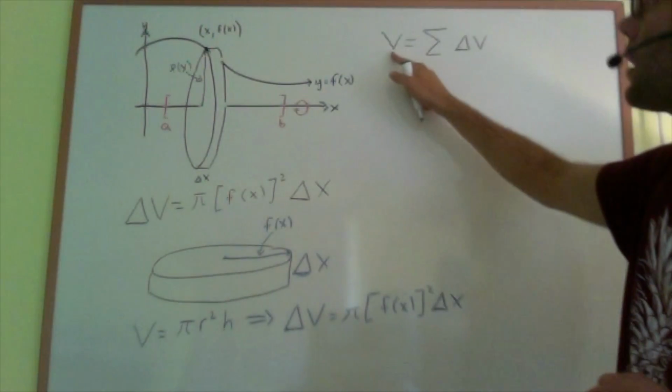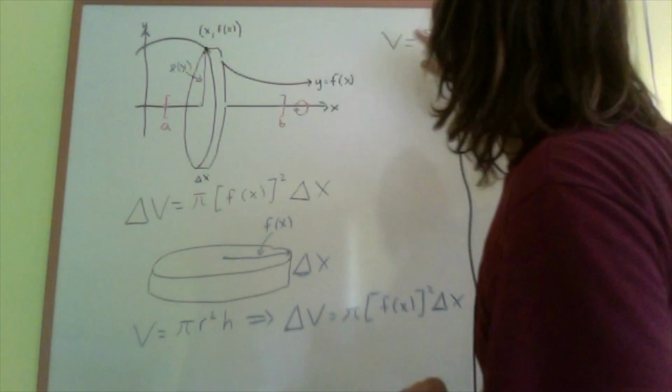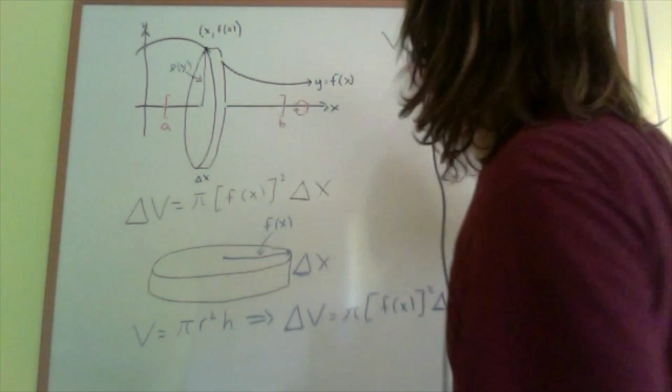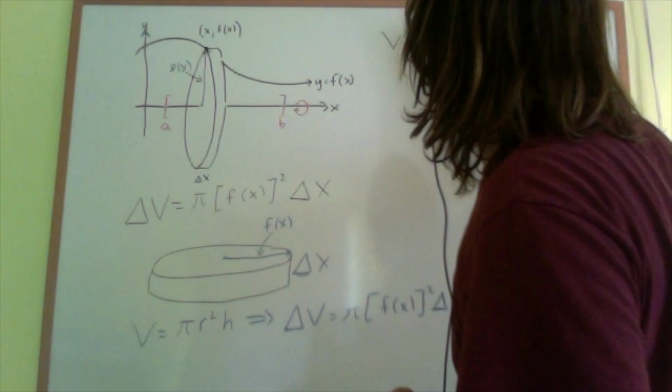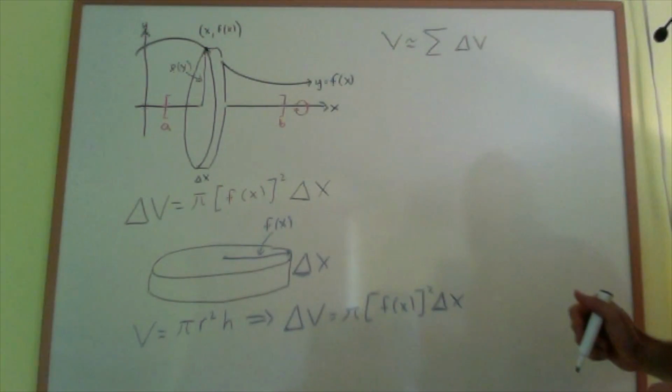Well, actually not quite the total volume, because there's going to be a finite number of these, and of course we would need delta x to be infinitely thin for it to add up.